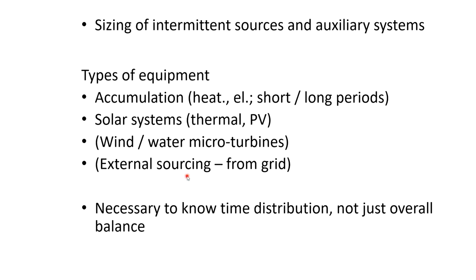So for sizing of these sources, it is necessary to know the time distribution, not just the overall balance in the overall heat demand curve, and you need to know what the power production or energy production and energy consumption are at different periods.